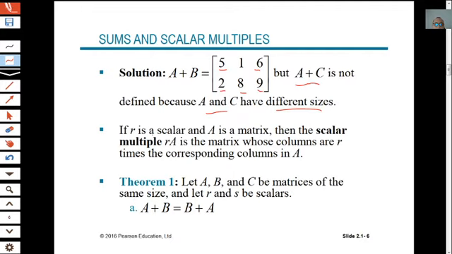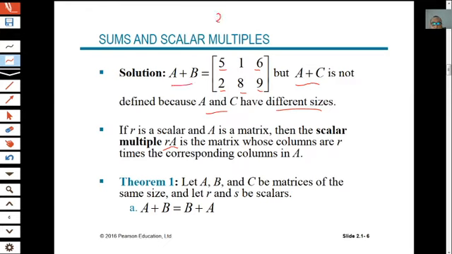If r is a scalar, this is another matrix operation, and A is a matrix, then the scalar multiple r times A is again a matrix whose columns are r times the corresponding columns in A. For example, we want to multiply the sum of the matrices in the example by 2.